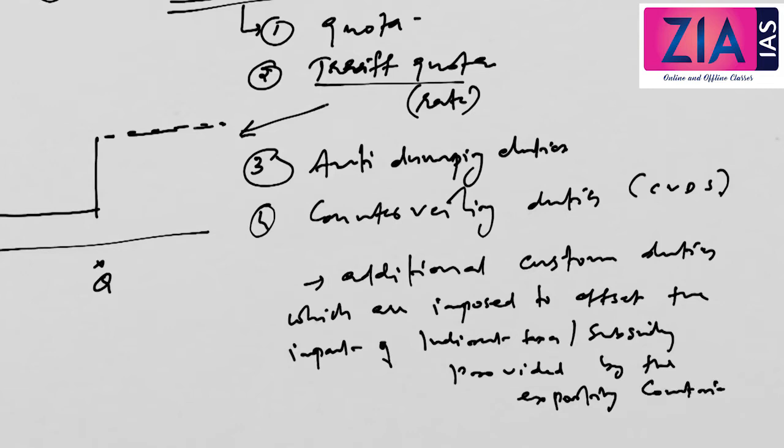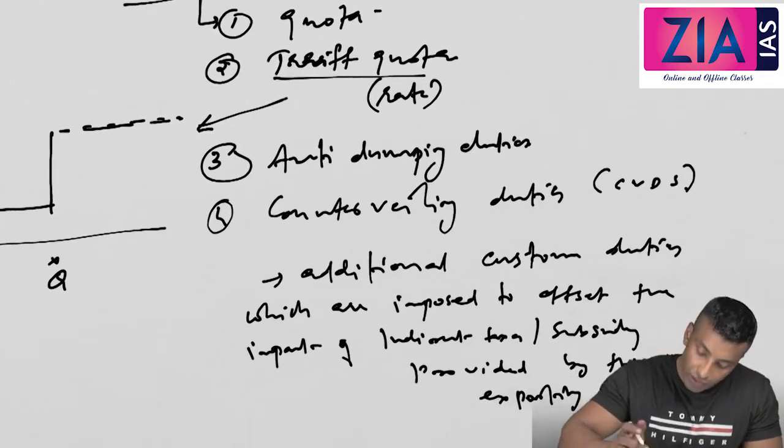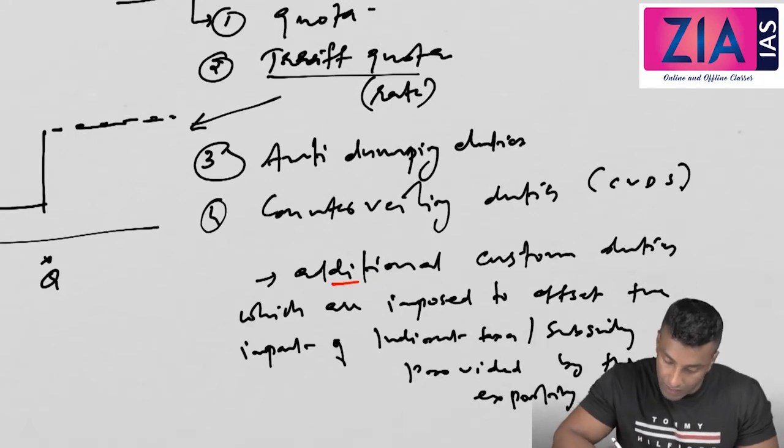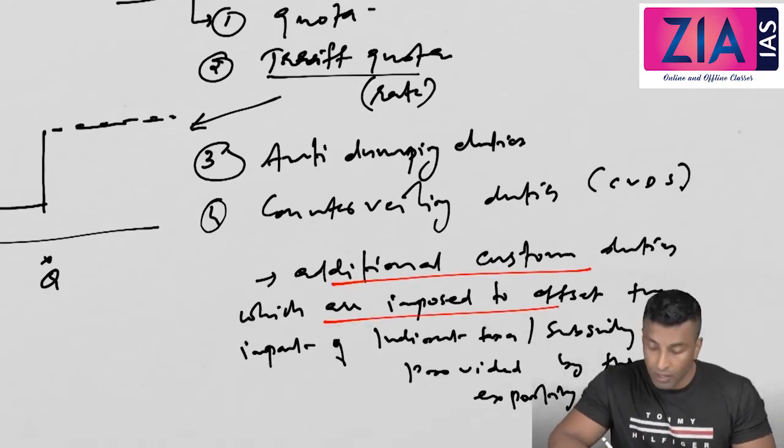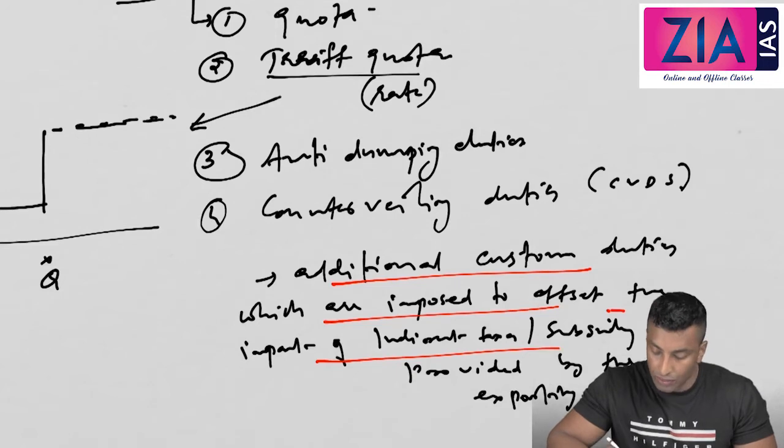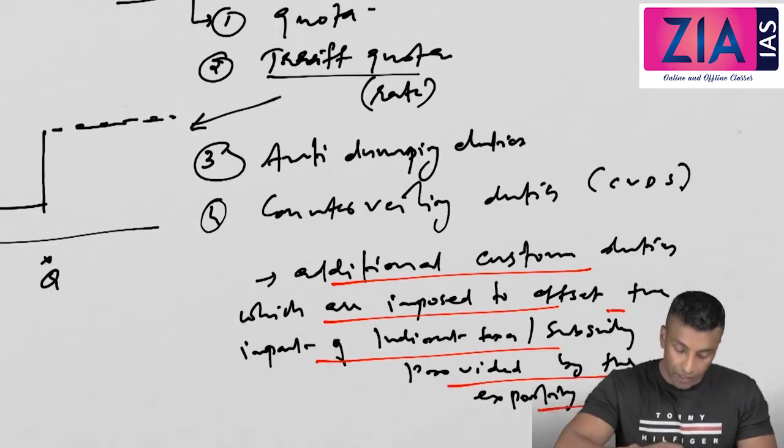So countervailing duties are additional customs duty imposed on certain products to offset the impact of indirect taxes or subsidies provided by the exporting country's government.